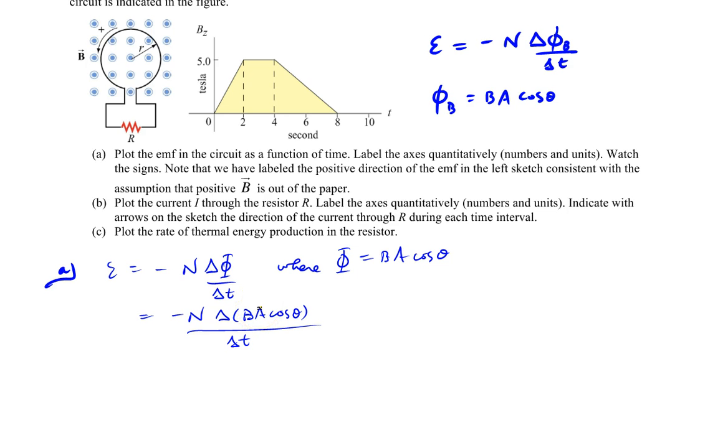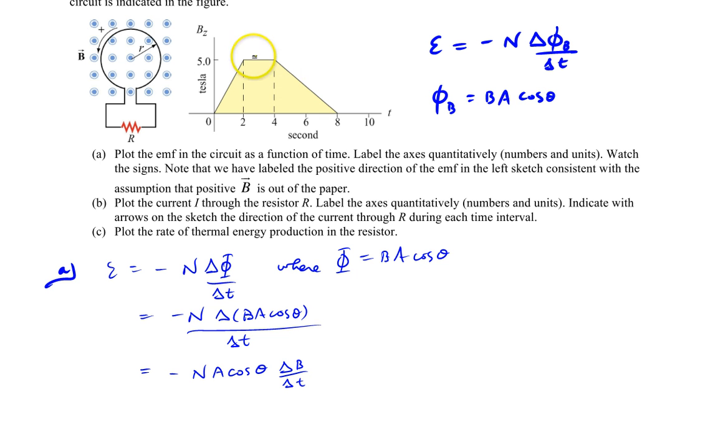But the area of the loop, I assume that is remaining constant. So we could pull the area out of the equation. And I also assume that the angle that the B field is penetrating with respect to the plane of the loop is also constant. So those two things we could pull out: negative N times A times the cosine of the angle. And then we have really a change of B all over the change in time.